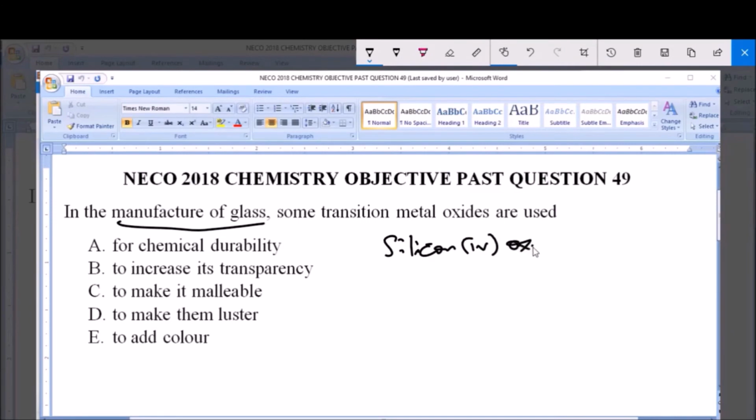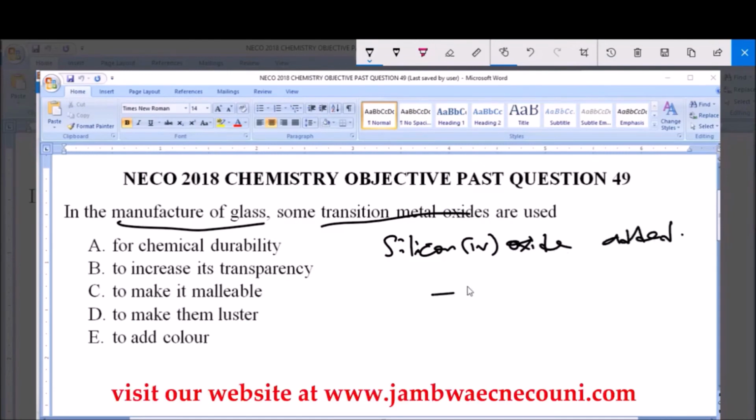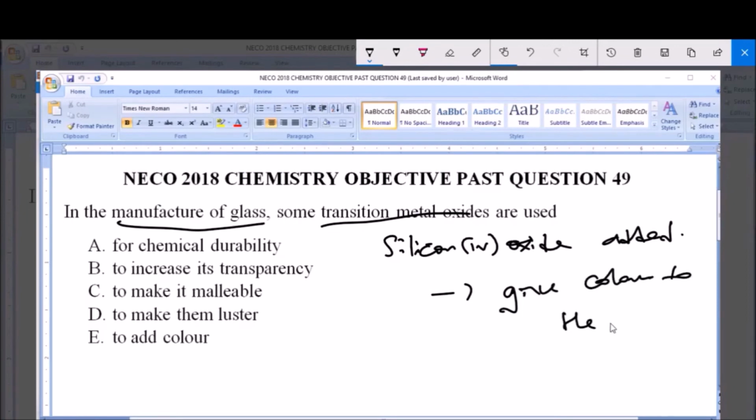Now, during the manufacture of glass using silicon(IV) oxide, transition metal oxides are added in order to give color to the glass. This is possible because each transition metal has its characteristic color.